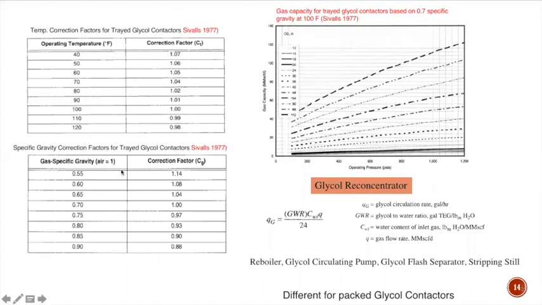Again, you have to do the correction for specific gravity of the incoming gas. For 0.7, which is the standard one, you have to multiply by 1. If the gas gravity reduces, the correction factor is 1.14 to 1.04. And if it is higher than 0.7, then the gas correction factor is 0.93, 0.90. In this way, various gas capacities can be obtained.